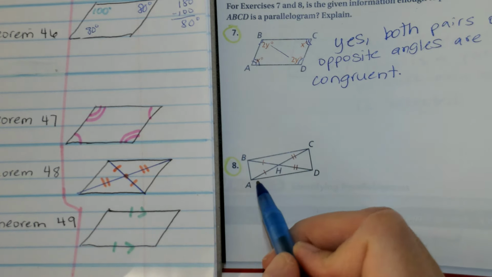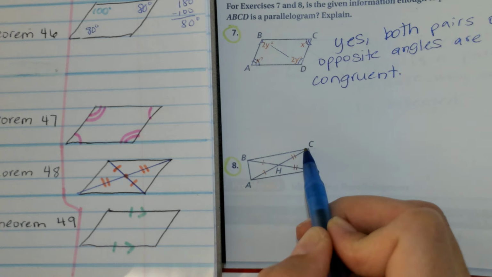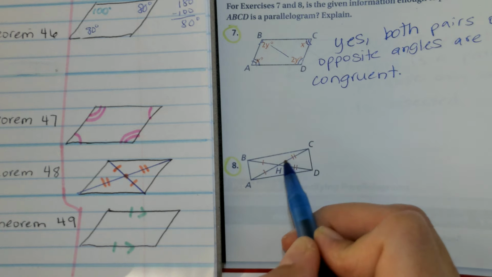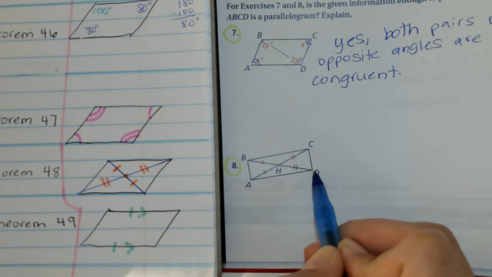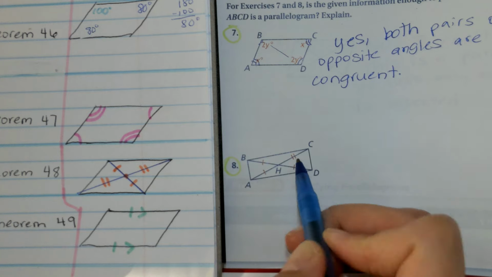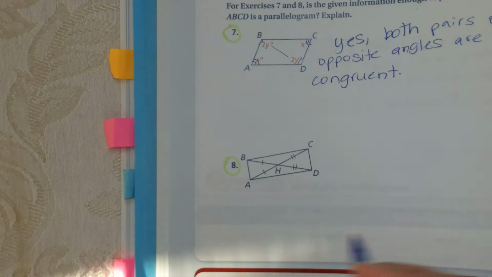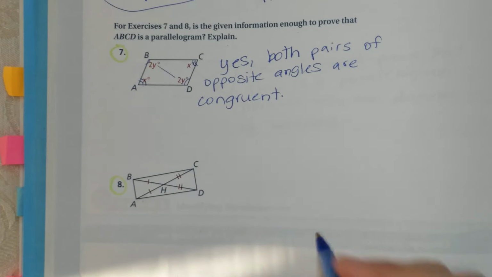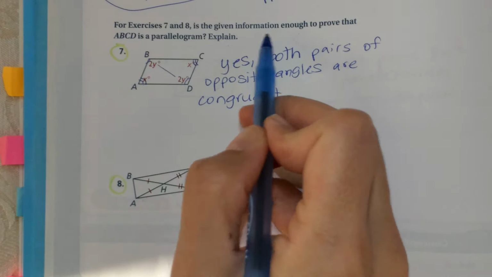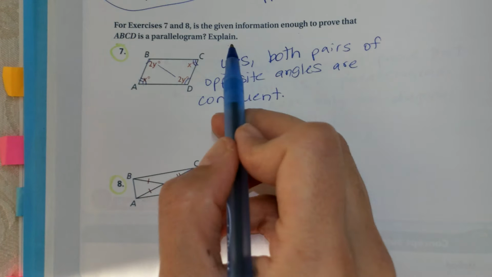But I don't have that here. I have one mark here and then 2. And then across the other diagonal, 1 mark and then 2. They don't match like how they do here. So this one is actually a no. So is the given information enough to prove that it's a parallelogram?